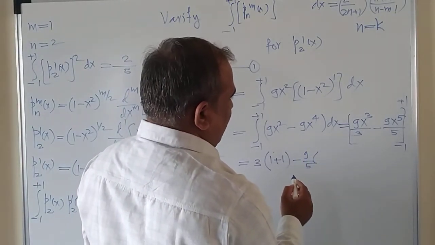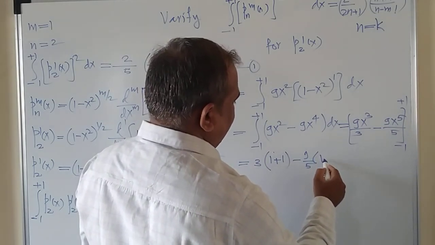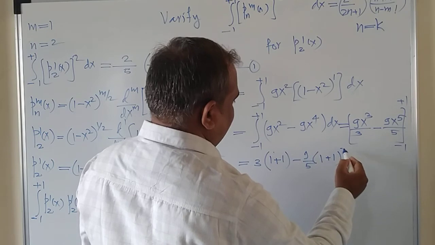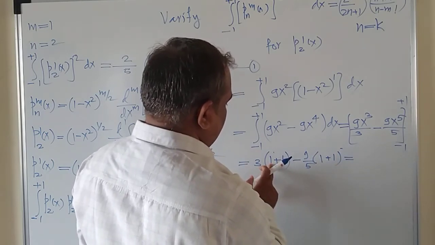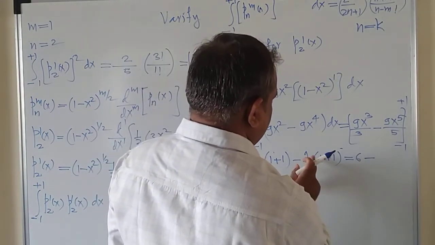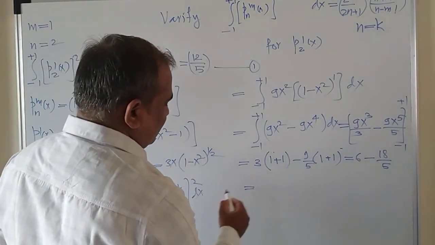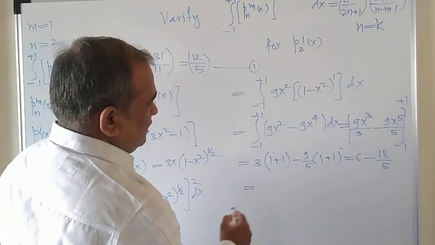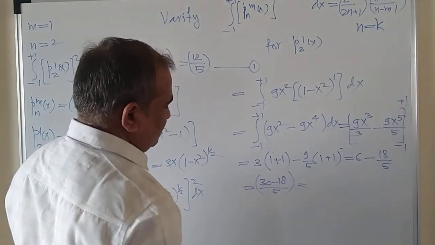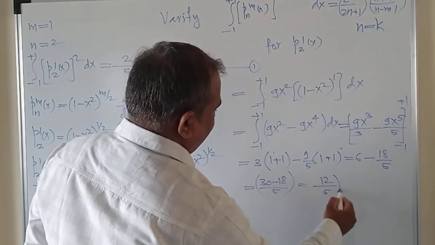And x raised to 5, that means odd power, so minus 1 raised to 5 is minus 1, minus minus will be plus 1 again here, right? So this gives you 3 into 2 is 6 minus 9 into 2 is 18 by 5, and if you simplify this, this will give you 30 minus 18 by 5. 30 minus 18 is 12, so 12 by 5.